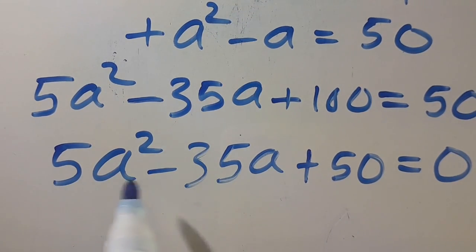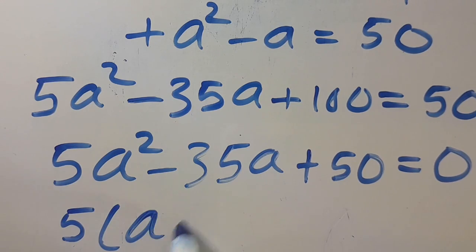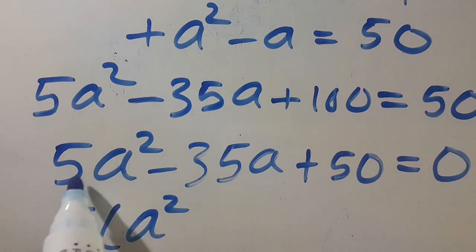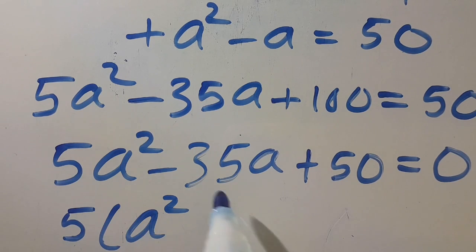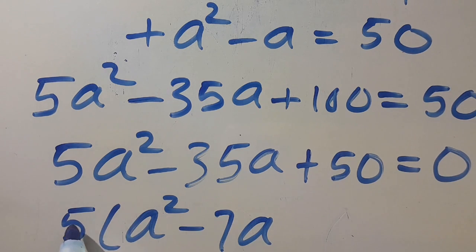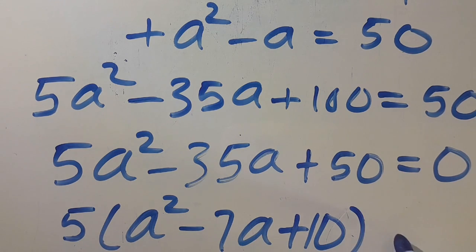Then when we factor 5 from here, we are going to have 5 into a squared. 5a squared divided by 5, a squared is left. Minus 35a divided by this, we only have minus 7a here. 50 divided by 5, here will be 10. Then we have everything equal to 0.